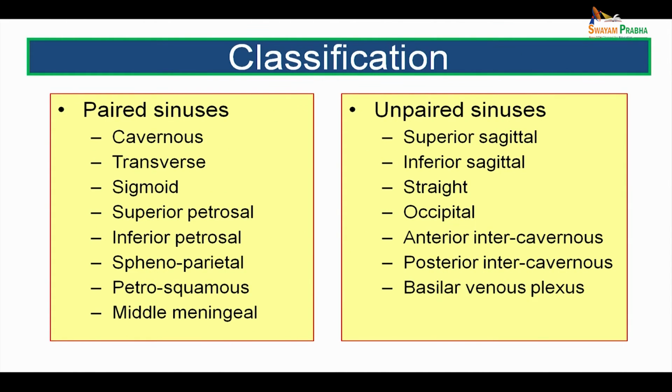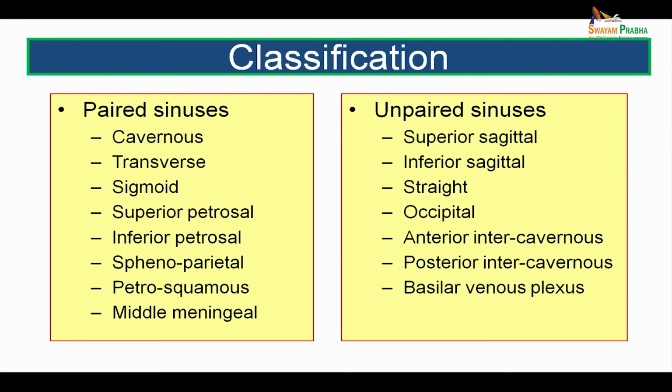How do we classify these dural venous sinuses? They are classified as paired sinuses, which are 8 in number, and unpaired sinuses, which are 7 in number. The paired sinuses are the cavernous sinus, the transverse sinus, sigmoid sinus, the superior petrosal sinus, the inferior petrosal sinus, sphenoparietal sinus, petrosquamous sinus, and the middle meningeal veins.